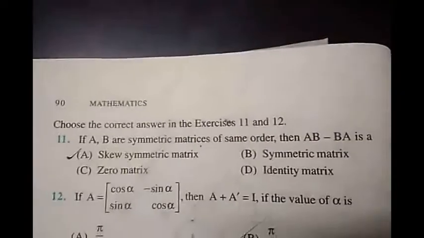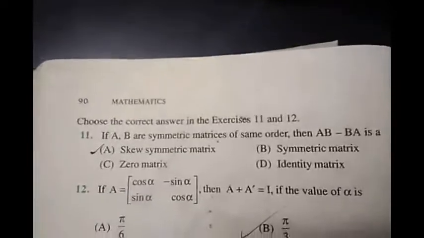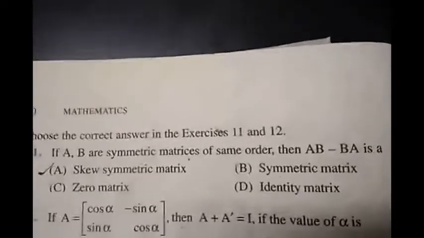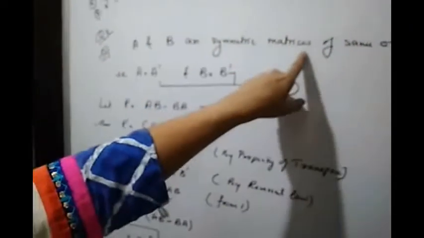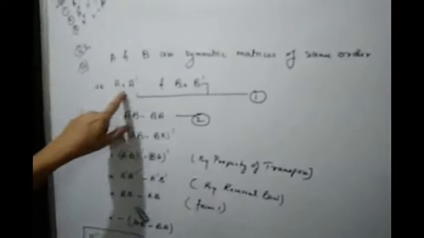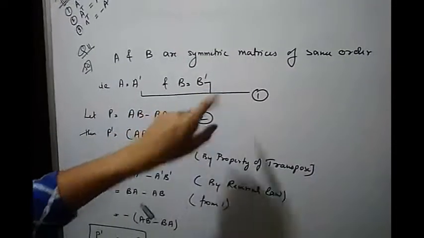Now we are going to solve question number 11. If A and B are symmetric matrices of the same order, then AB minus BA is a skew symmetric matrix. Now its solution: A and B are symmetric matrices of the same order. That means A is equal to A transpose and B is equal to B transpose.